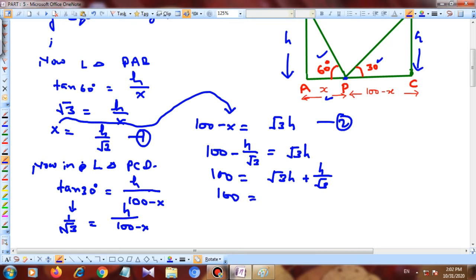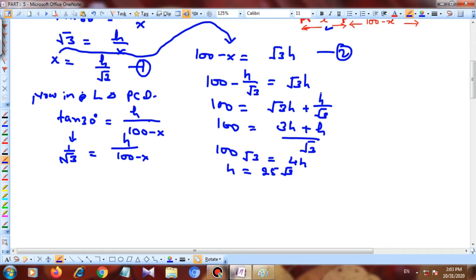So this is 100 equals, this will become 3h plus h upon root 3, right? So this will become 100 root 3 equal to 4h. So the value of h will become 25 root 3.